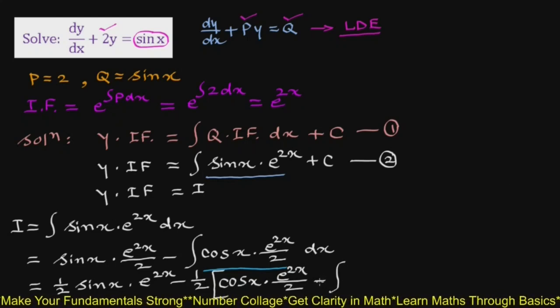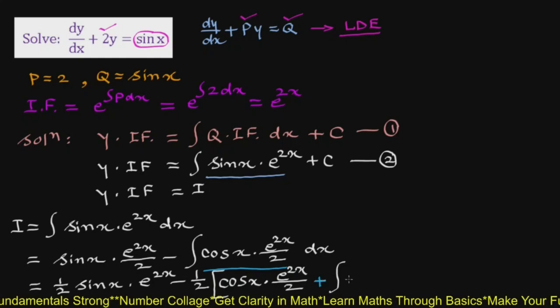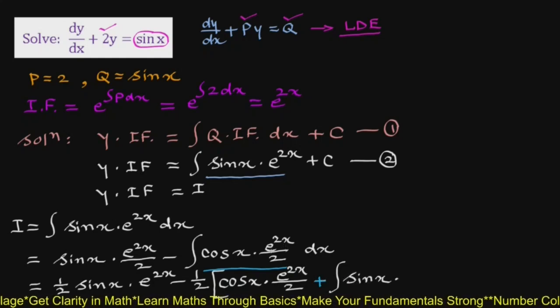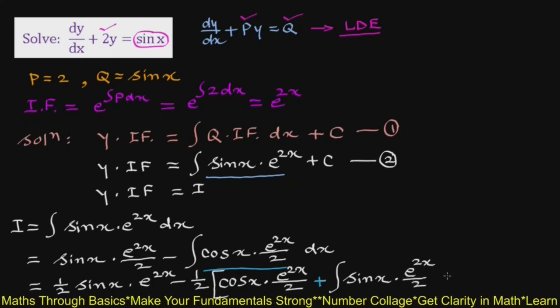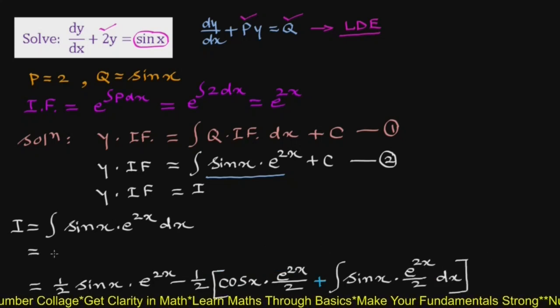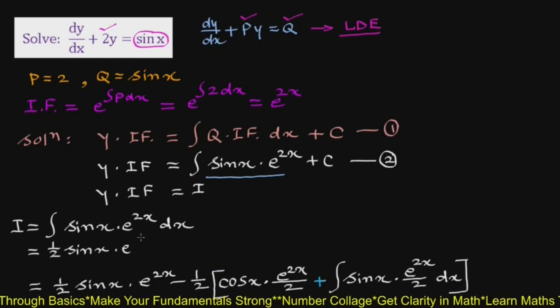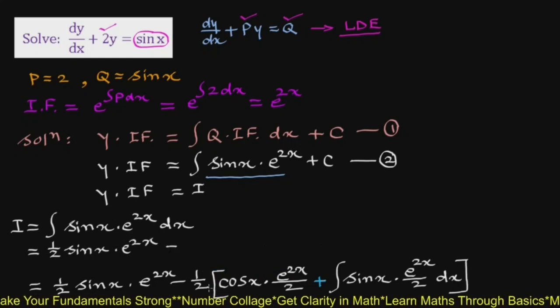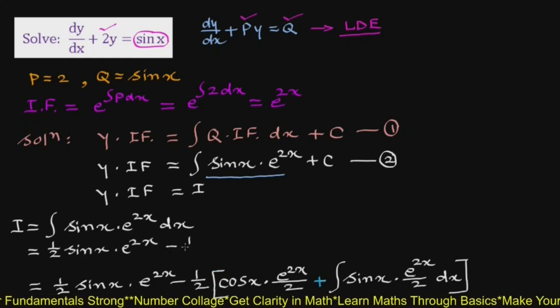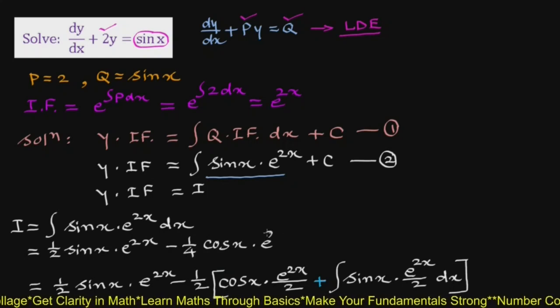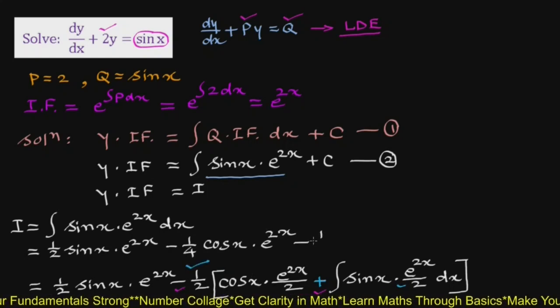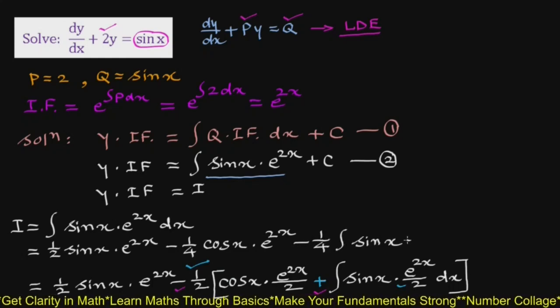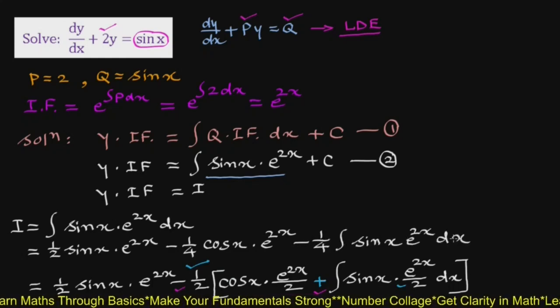That makes this minus sin plus sin, and here sin x into integral of e raised to 2x, e raised to 2x upon 2 dx, equals half sin x into e raised to 2x minus half into half, 1/4 cos x into e raised to 2x. This half multiplied by this half, which is 1 upon 4, integral sin x e raised to 2x dx.